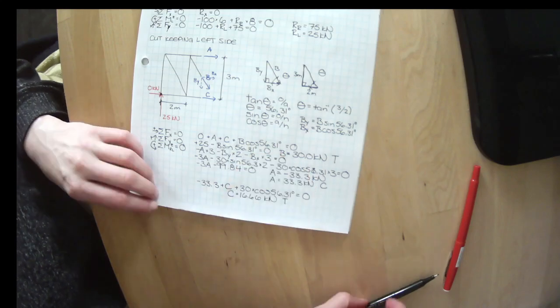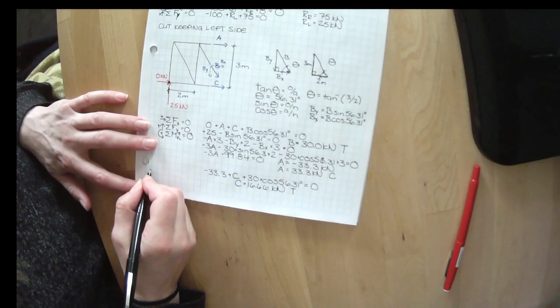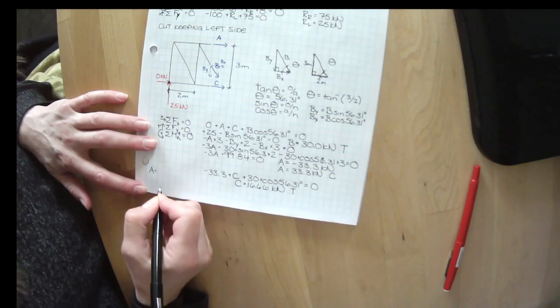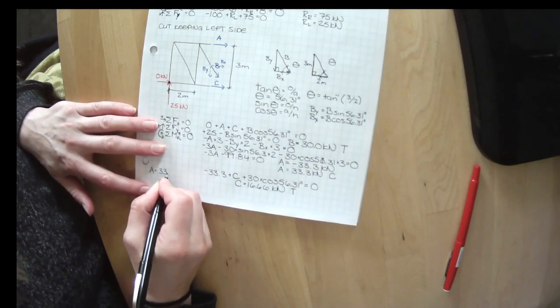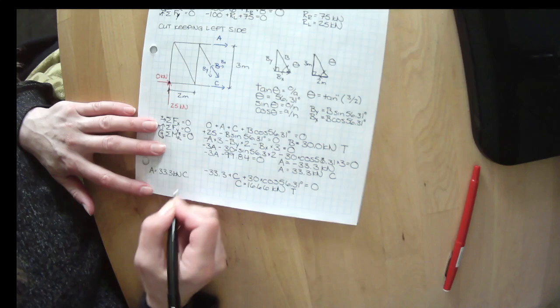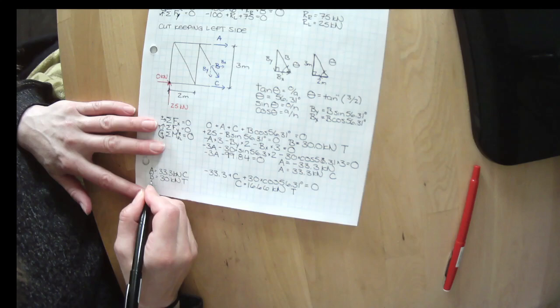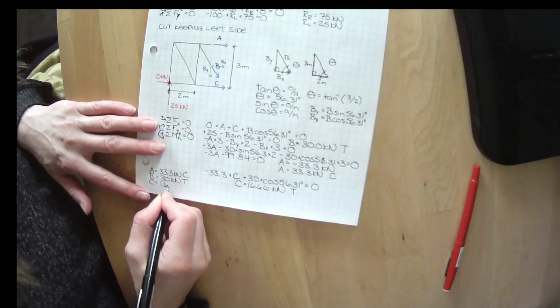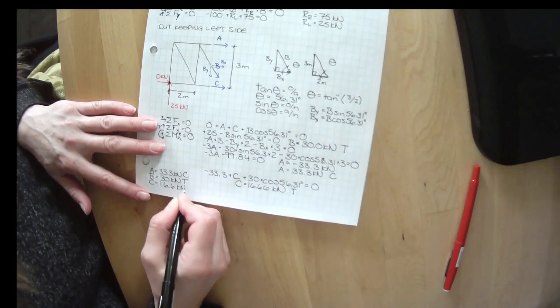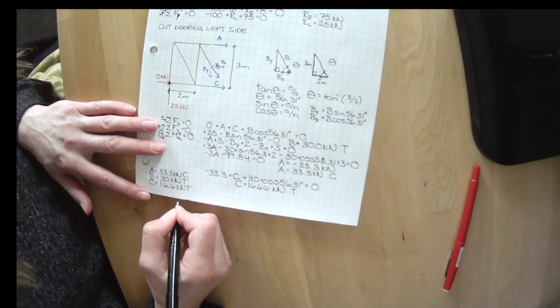Doing it this way, I got that A equaled 33.3 kilonewtons in compression, B equals 30 kilonewtons in tension, and C equals 16.6 kilonewtons in tension.